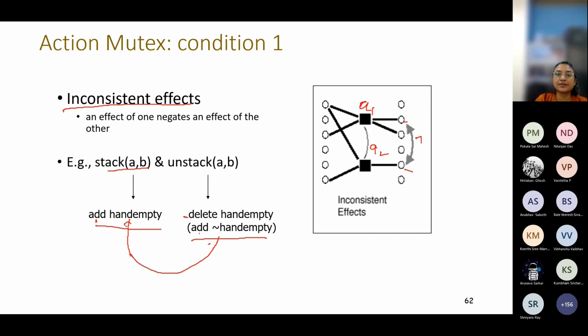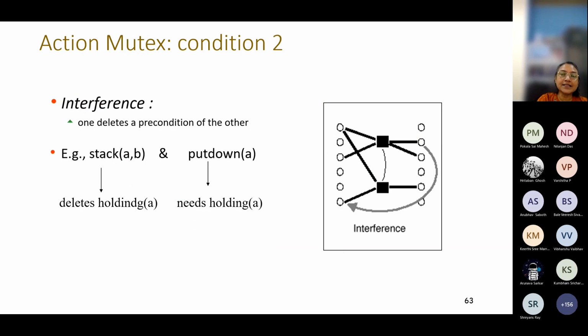Yes, ma'am. Now let's move to the second condition, that is called interference. If one action deletes a precondition of the other. Suppose this is action 1 and this is action 2, and action 2 has this precondition Pi and action 1 deletes Pi. Okay.